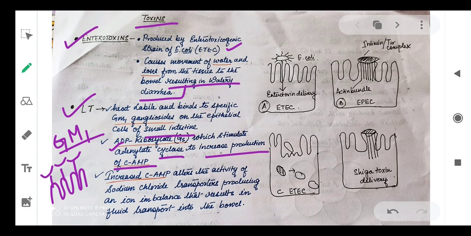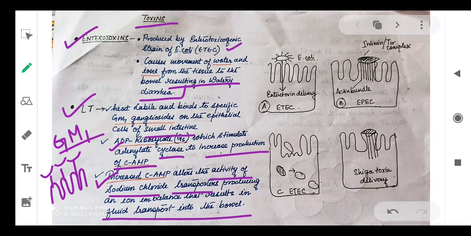Now what will happen when there is an increase in the cyclic AMP? It will alter the activity of your sodium chloride transporters, producing ion imbalance, and result in fluid transport into the bowel. So fluid is being transported into the bowel and you will have watery stool.